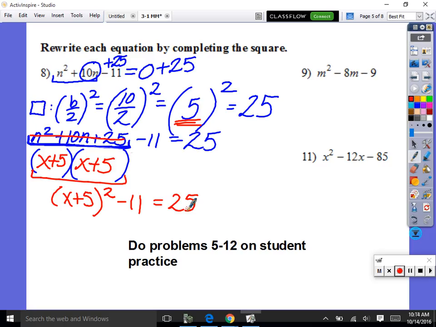Normally up here wasn't it equal to 0? So we need to fix this to be equal to 0 instead. So we're going to bring 25 over using algebra. Let's subtract 25 from both sides of the equation. So I still have this x plus 5 squared, and now I'm going to do negative 11 minus 25, which is negative 36.